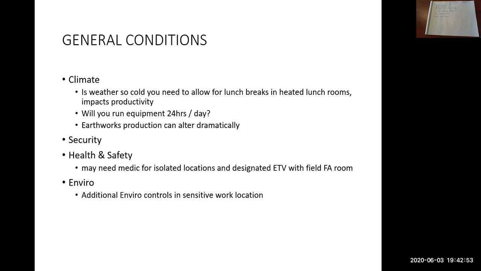So climate, weather: what are the average working temperatures that the crews will be working in? As I say, the colder, the slower the crew works. Plus you need to provide things like a heated lunchroom. Typically, if it's that cold, the crew isn't going to stop their excavator or their dozer and jump out and have their lunch.